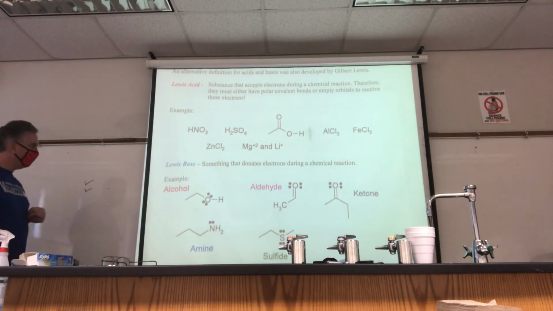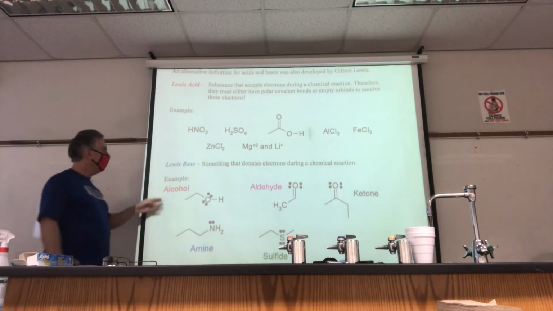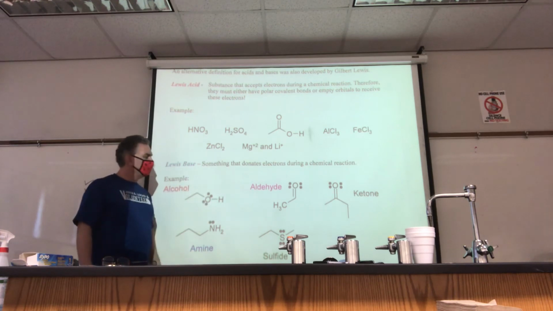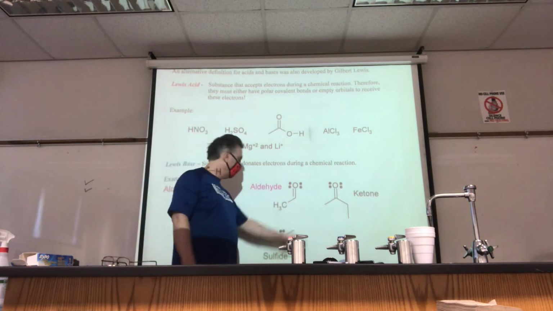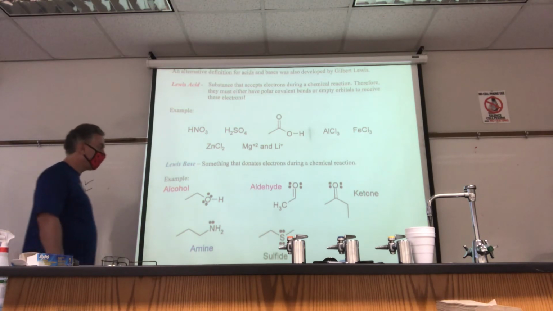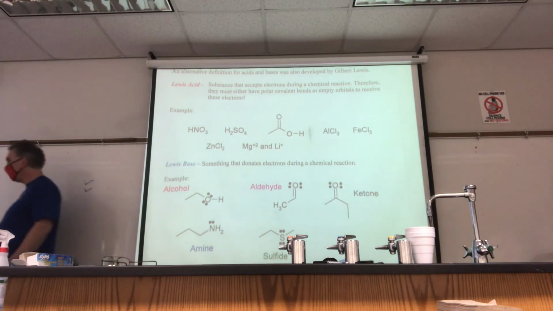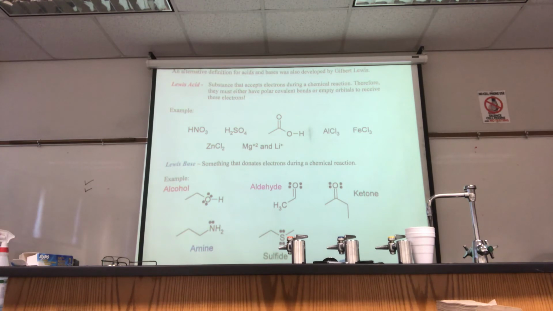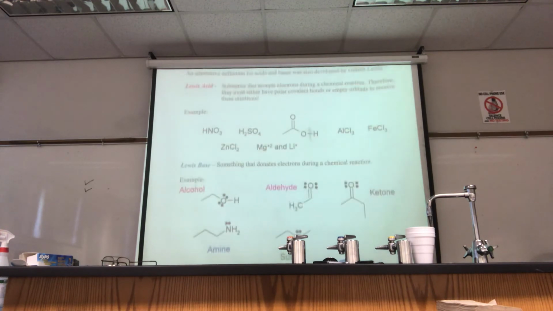Common examples of Lewis bases: alcohols are good examples, aldehydes, ketones, amines and sulfides. Yeah, it just gives you an idea. We'll get familiar with these because we'll keep looking at examples over the semester which use these.